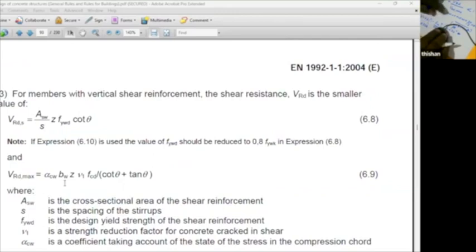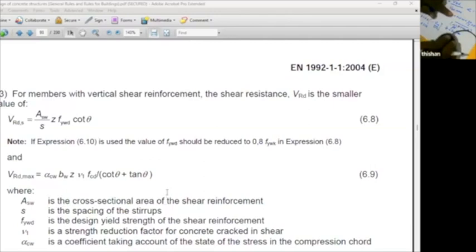Z is 0.9 times 540. Can you remember Z is 0.9 d? 540. Okay. 0.9 times 540. Nu is 0.528.